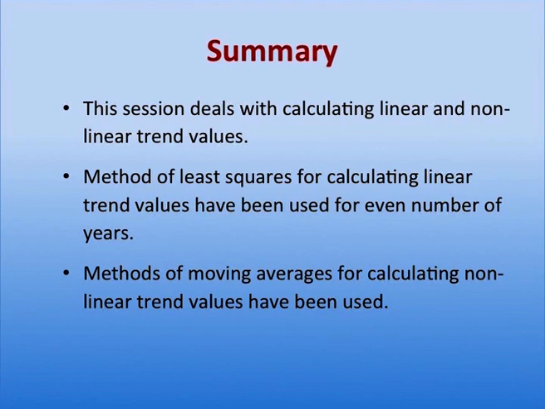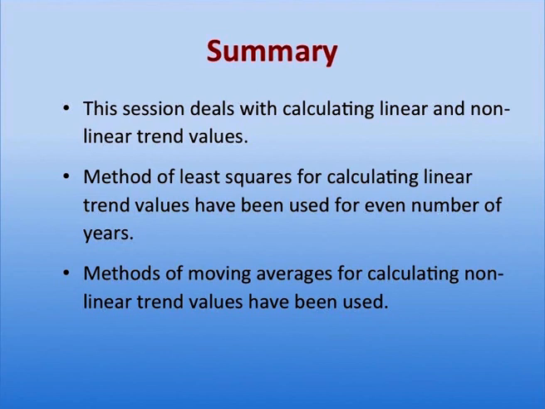In this session, we have calculated trend values, linear trend and non-linear trend. For linear trend, when the number of years is even, then summation x will not be equal to 0. We used the normal equations to obtain the trend line, and using the trend line we calculated trend values.